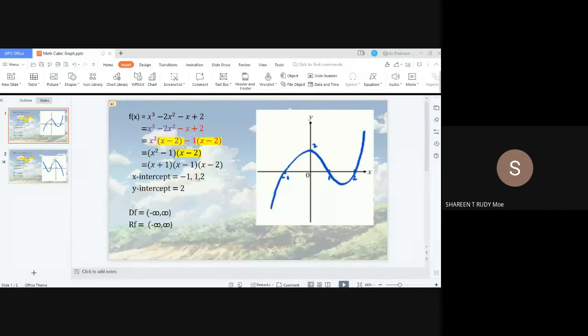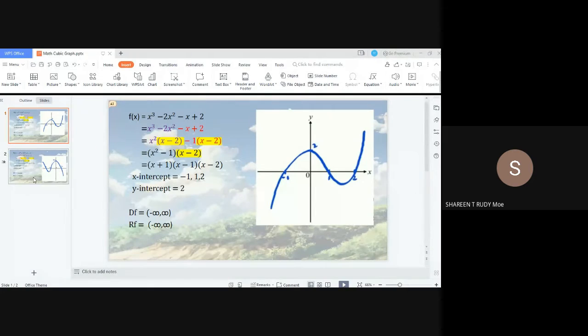When x is 0, f(x) is equal to 2, and this is our y-intercept. We plot all the x-intercepts and the y-intercept, and draw the graph following all the plotted points. And this is our domain and range.